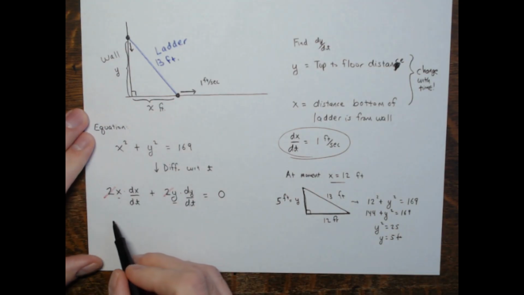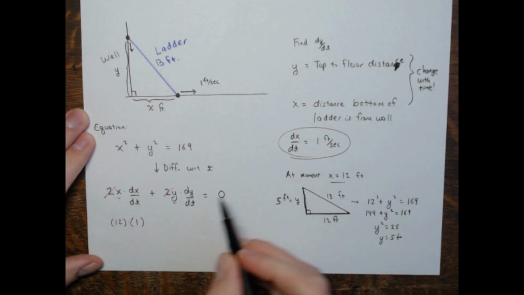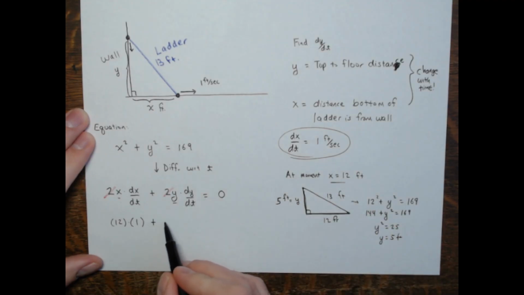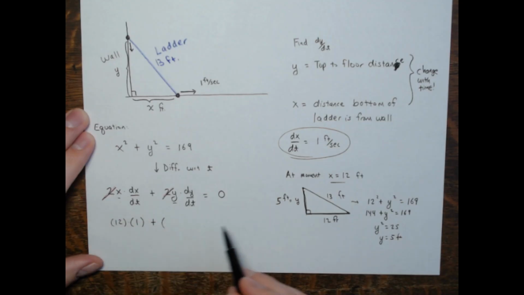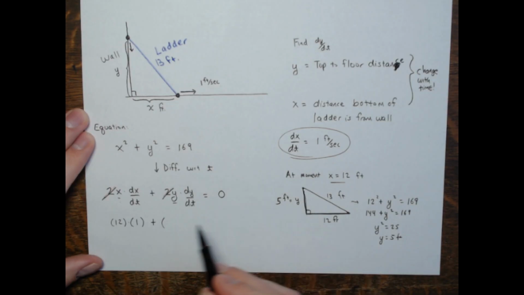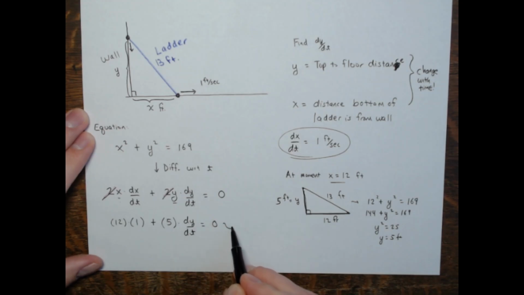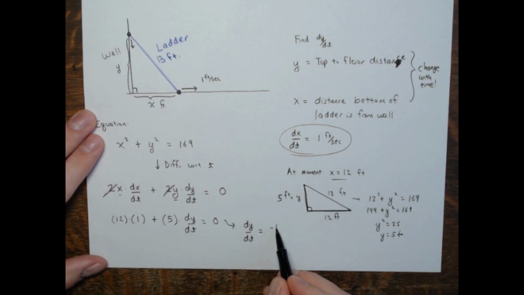So then we have x, so 12 times, and then dx/dt was the 1 foot per second, plus, and then again the 2's are gone, and then y, at this moment, the top of the ladder to the floor distance is 5 feet, and then we don't know dy/dt, and we're solving for that. So then dy/dt, I would just subtract 12 divided by 5 would be negative 12/5 feet per second.